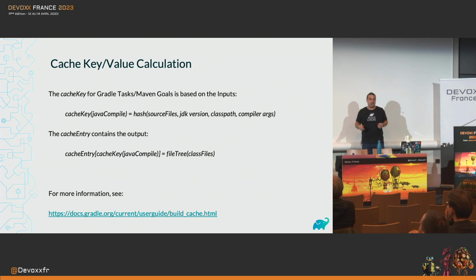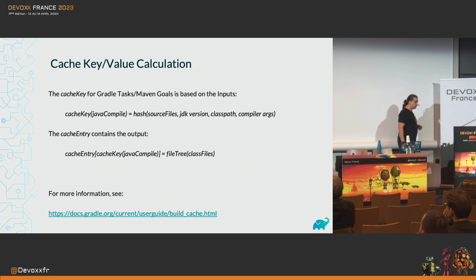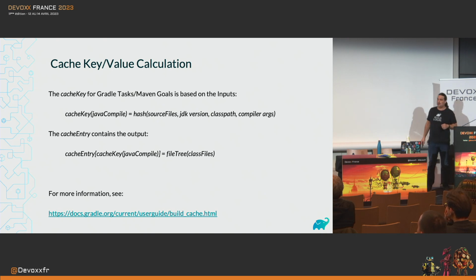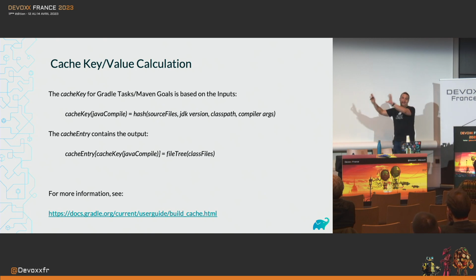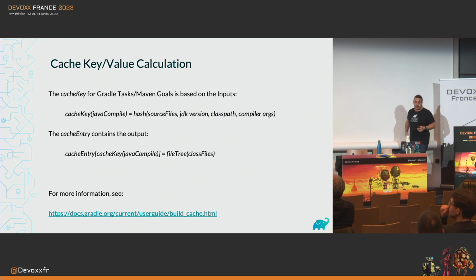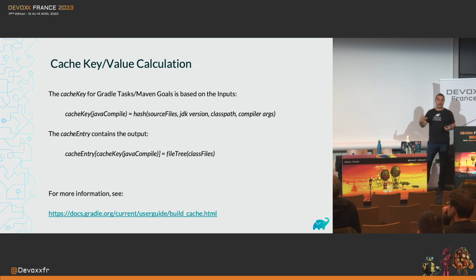And then whatever the output from that task is, whether it's a set of compiled class files, a JUnit XML output, whatever it is, we're going to stick that in the cache against the key. All right, so that if we ever encounter this exact same scenario again, and it is very sensitive, but if we ever encounter this exact same scenario again, then we will not run that scenario. We will just pull the output from cache.